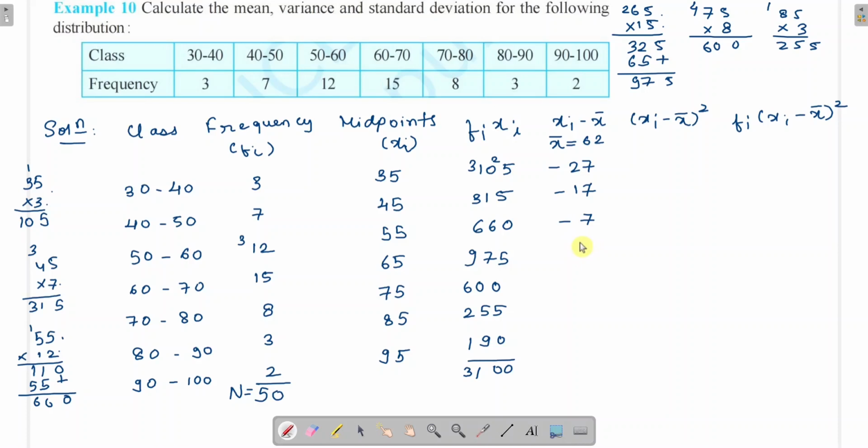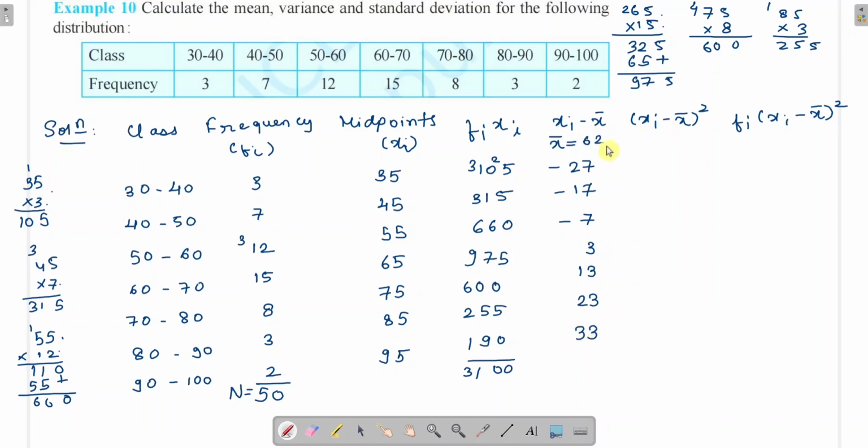Then 65 minus 62 is 3. 75 minus 62 is 13. Then 85 minus 62 is 23. 95 minus 62 is 33.